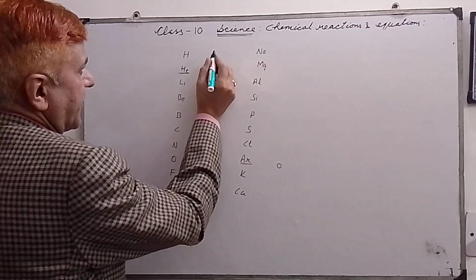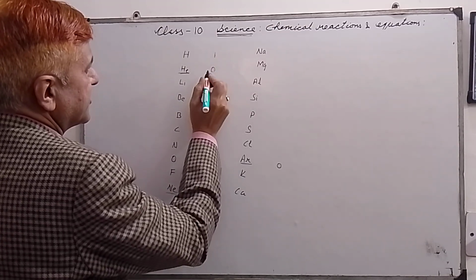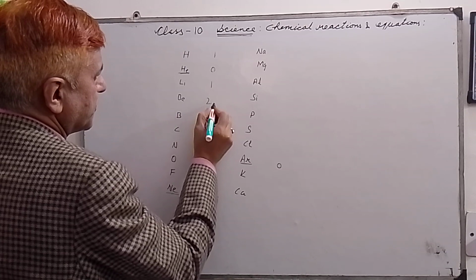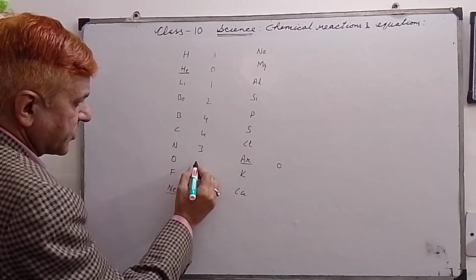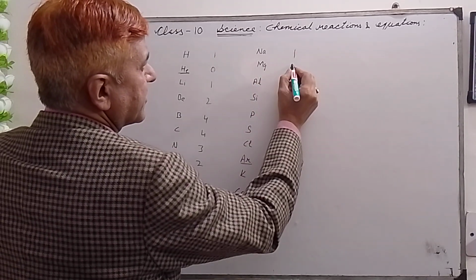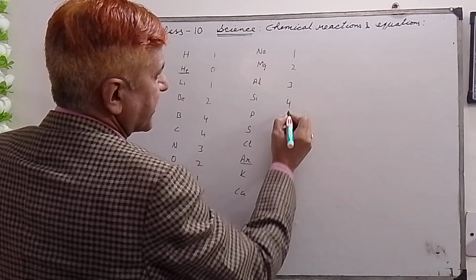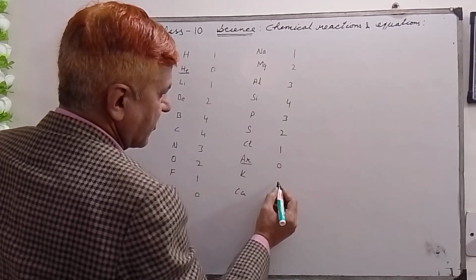So now, the valency of hydrogen is 1, then 0, 1, 2, 3, 4. Maximum is 4. Then 3, 2, 1, 0. Then 1, 2, 3, 4. Maximum is 4. Then 3, 2, 1, 0.